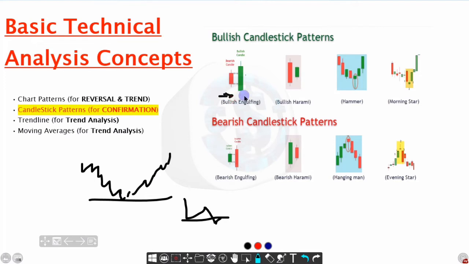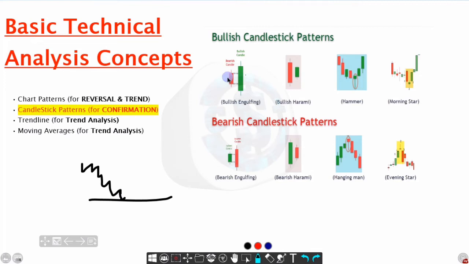When we're looking for trade setups, wherever it's applicable, we're going to be using chart candlestick patterns to actually help us spot or confirm our entries or setups. So that is the bullish engulfing pattern, where you have the next candle engulfing the previous one. Okay, but remember, we're not looking at the candlestick patterns in isolation.